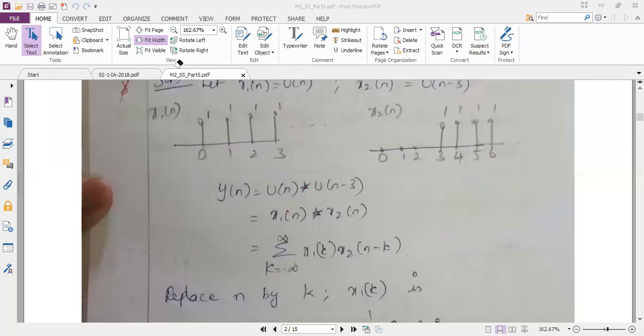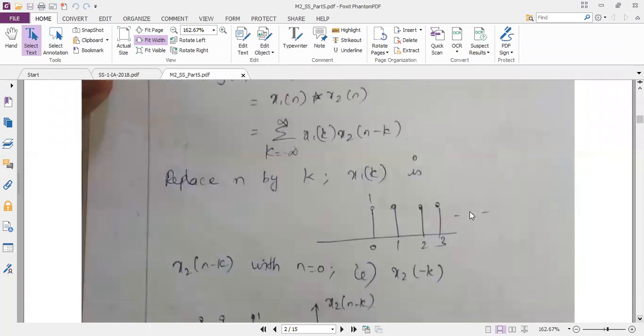After this formula, I want you to follow the steps which I am showing here. As per the formula, my variable within the bracket of x1 is k. But my diagram is in terms of x1 of n, where my variable is n only. So as per the formula, my variable should be k, and I am replacing n by k.